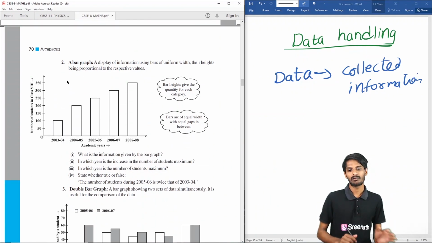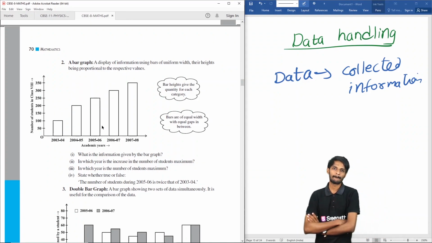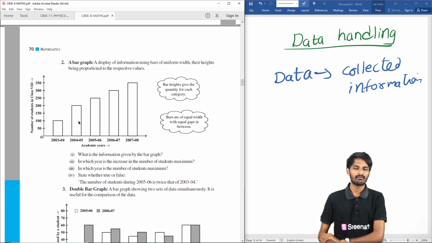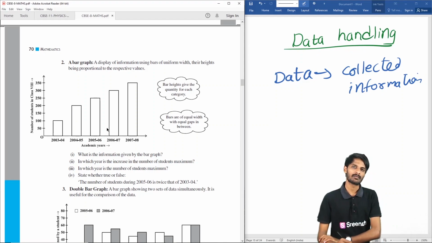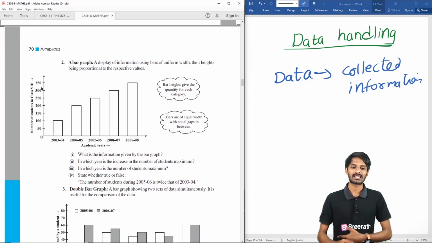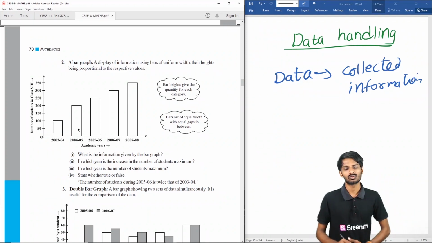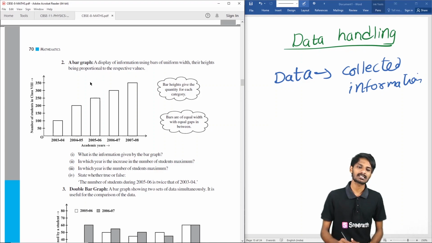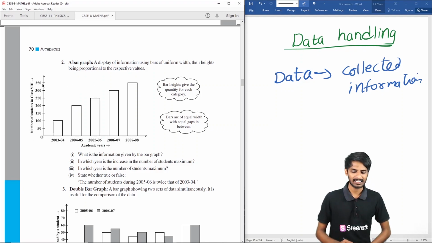The next thing is the bar graph. It is another way of representing data, students. Here the information is displayed using bars of uniform width. The width is the same, and the length of each bar is proportional to the respective value. Here we have the academic years 2003 to 2004, 2004 to 2005, 2005 to 2006, and here is the number of students in class 8.